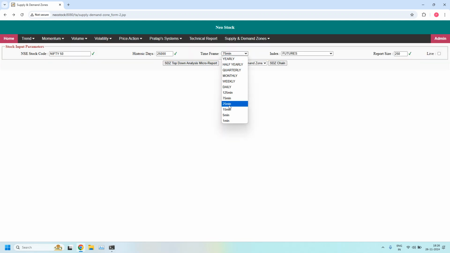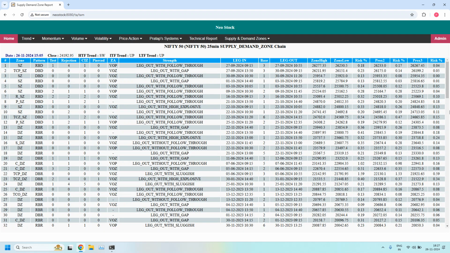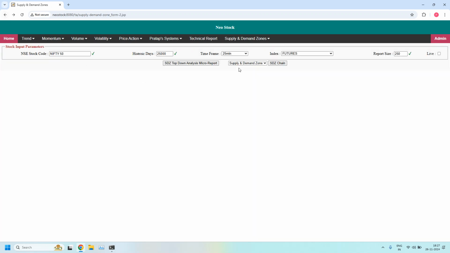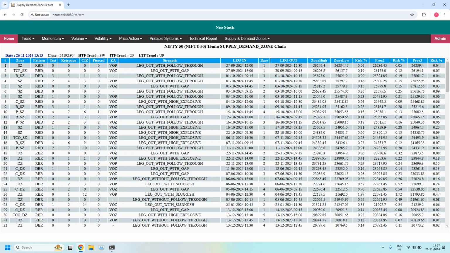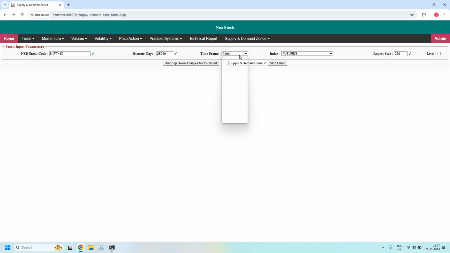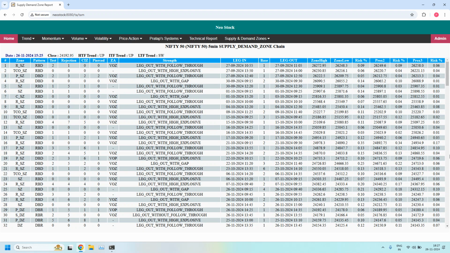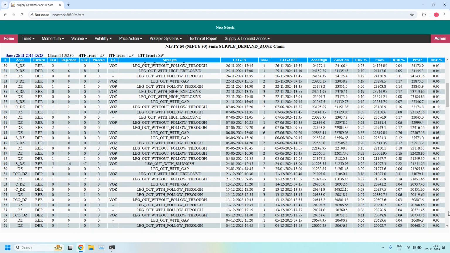Next 25-minute supply demand zone chain for NIFTY. Next 15-minute supply demand zone chain for NIFTY. Next 5-minute supply demand zone chain for NIFTY. I'm scrolling the list down. Okay, this is about NIFTY supply demand zone chain.